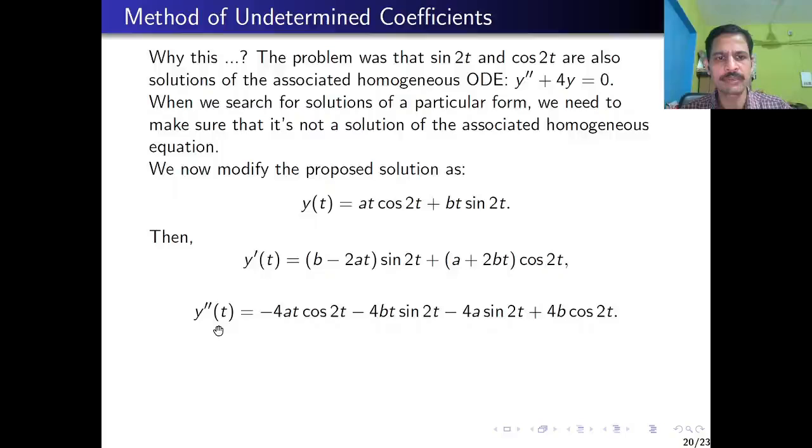So y double prime t is equal to minus 4at cos 2t minus 4bt sin 2t minus 4a sin 2t plus 4b cos 2t. We substitute y double prime, y prime and y in the given differential equation, and substituting we get this form.